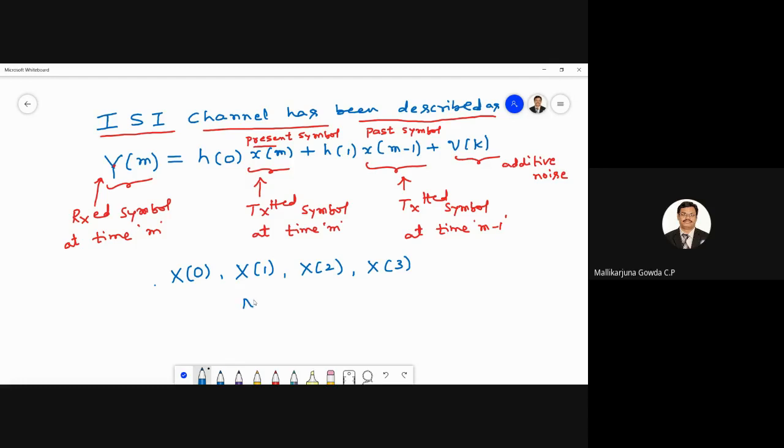Let me say here the value of n is 4, that is 4 symbols. And the number of subcarriers, also I'm denoting with the same letter, is also 4. So I can use 4 subcarriers.